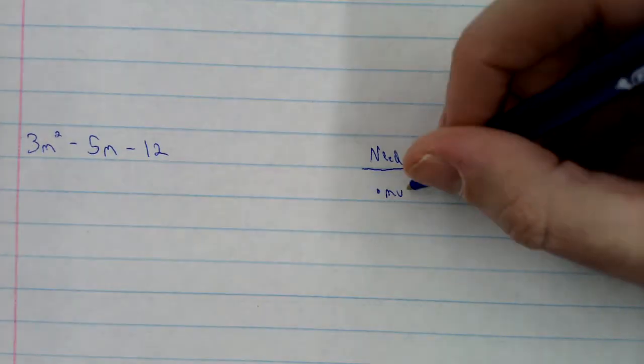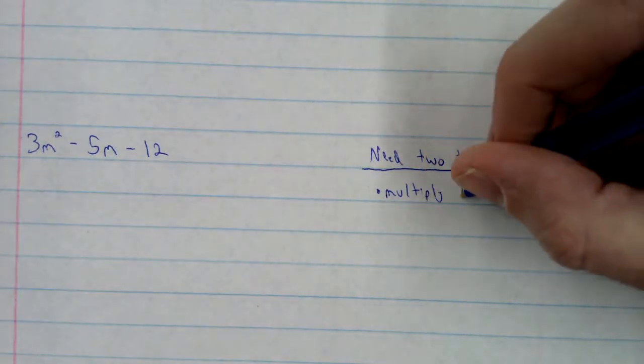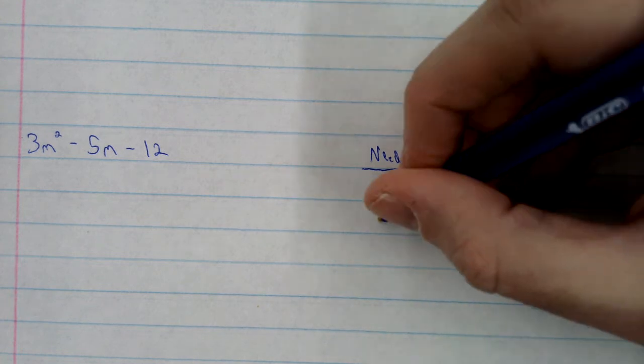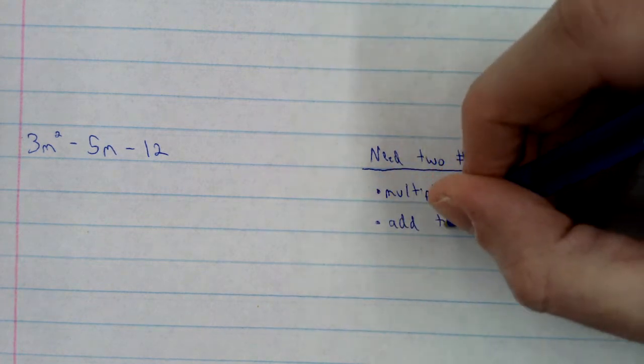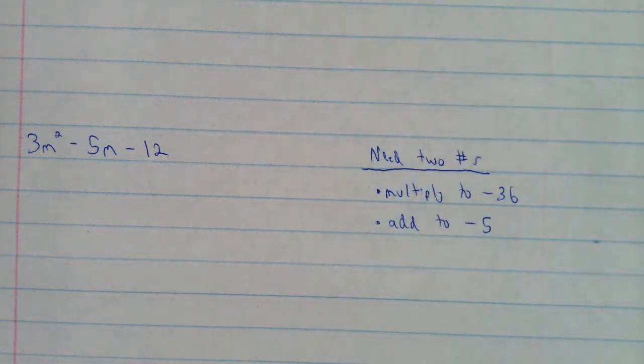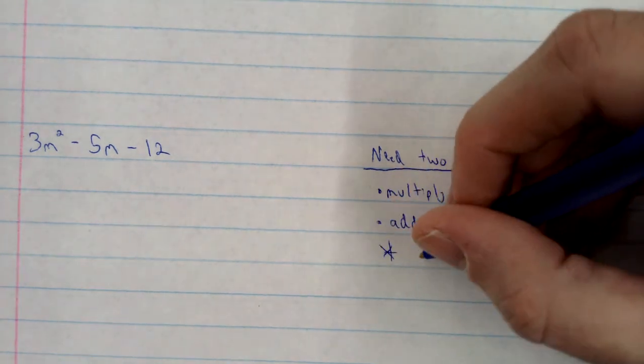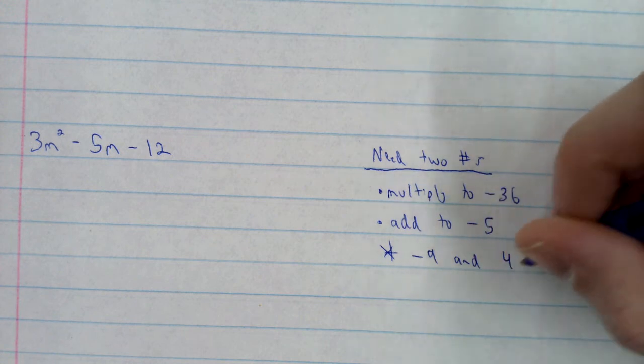You get that by doing 3 times negative 12. And they have to add to the negative 5 in the middle. So the pair that you want is going to be negative 9 and 4.